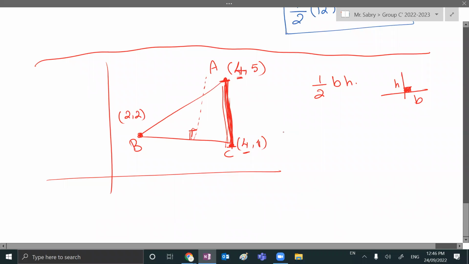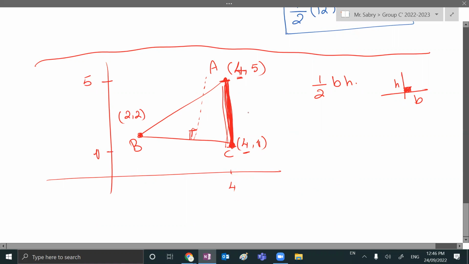Anyone? If this point is at 4 on the x and 1 on the y, and this point is still 4 on the x but 5 on the y, can someone tell me what's the length of this side? 4. Yes. How did you know that?